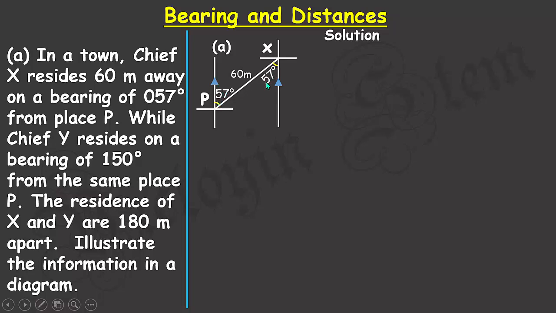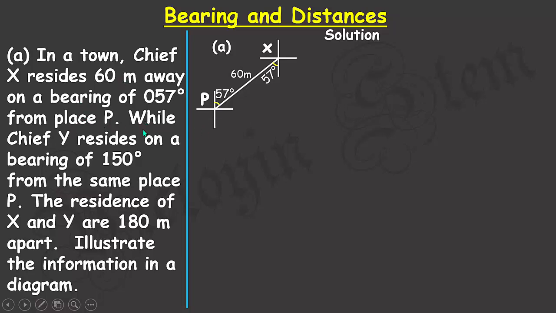This other angle too is 57 degrees because they are alternate angles. When a transversal crosses two parallel lines, alternate angles are equal, corresponding angles are equal, and vertically opposite angles are equal. But in this question, what concerns us the most is the fact that these two angles are alternate to each other. Now I'm done with the first sentence.